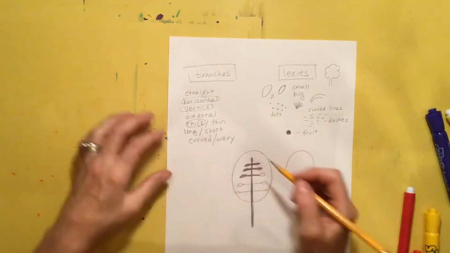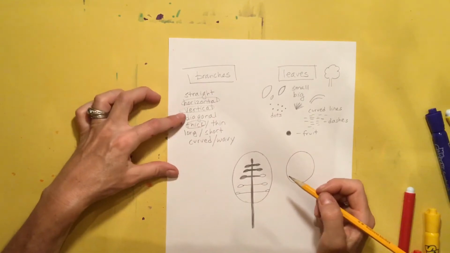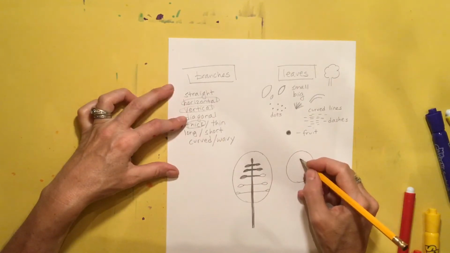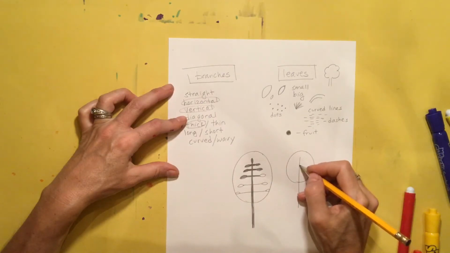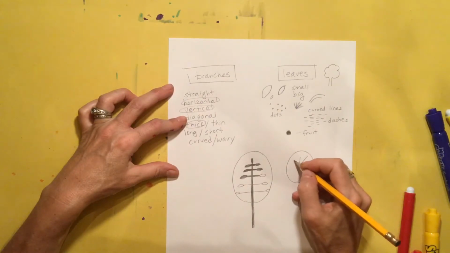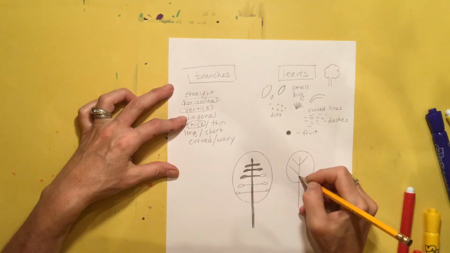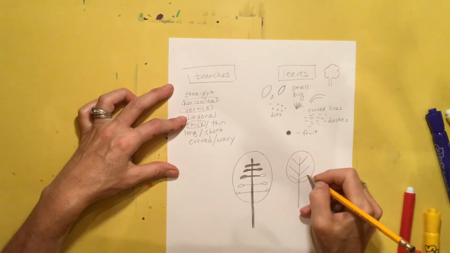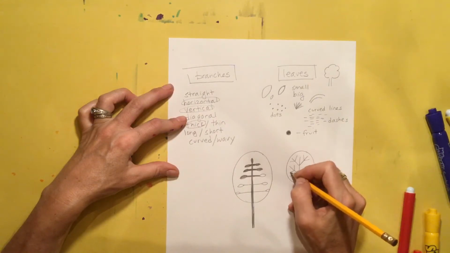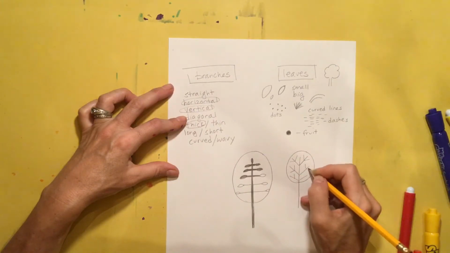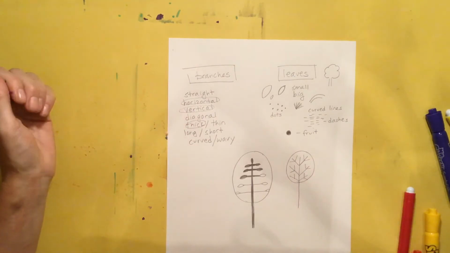So this time maybe I want to do thin and I want to do diagonal. So there's my thin line. And then maybe I choose some diagonal lines, and then maybe I keep using diagonal lines. And there's my tree.